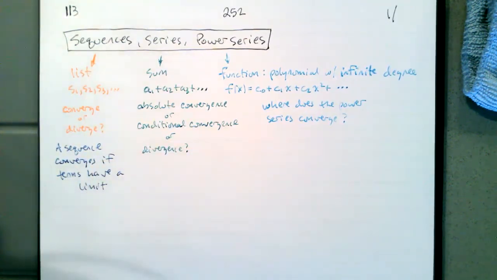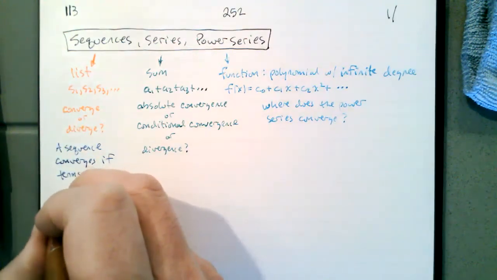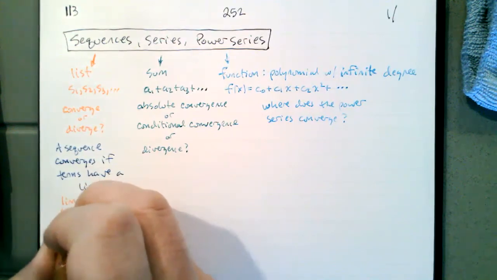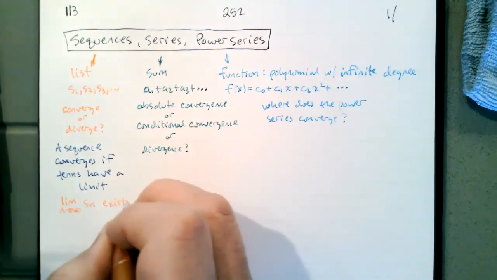So if the limit as n goes to infinity of Sn exists, then we can say that the sequence converges. So all we have to look at is the limit as n goes to infinity of Sn and whether or not that exists.